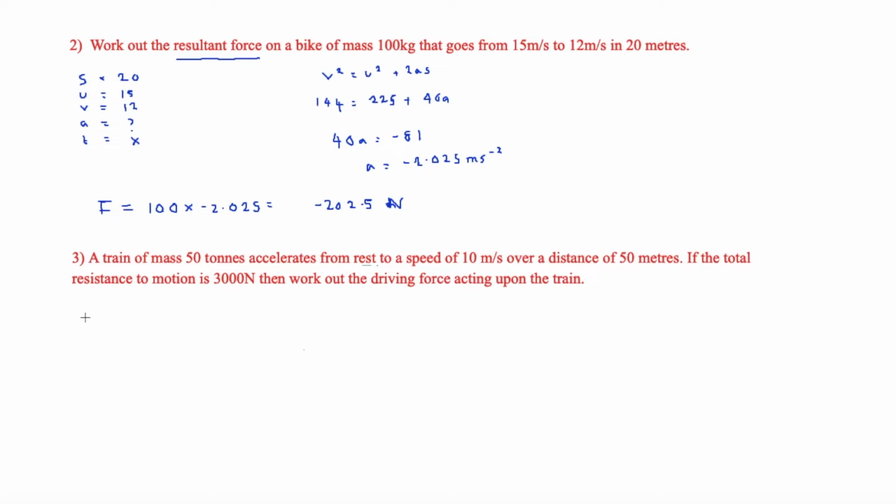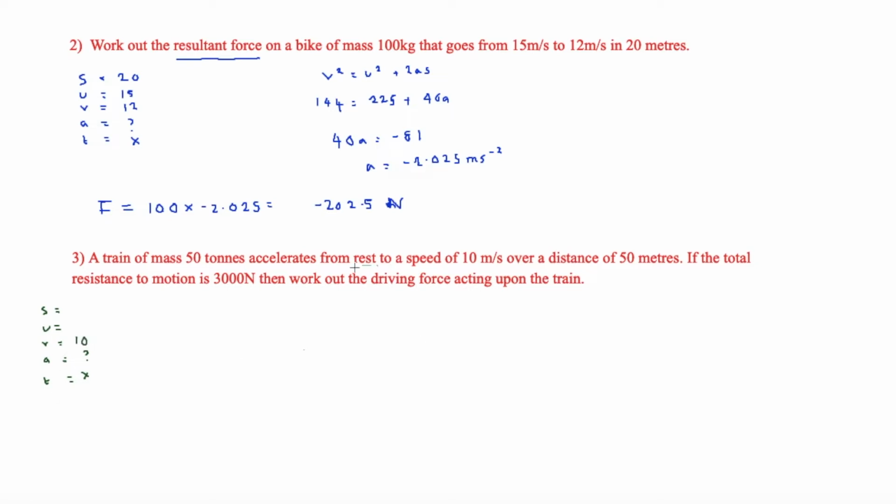Again, we're going to set up this Suvat equation, and it will go similarly to the first one we did, as again we do not have t. Acceleration is the thing we're trying to find. V, the final speed, is 10 meters per second.